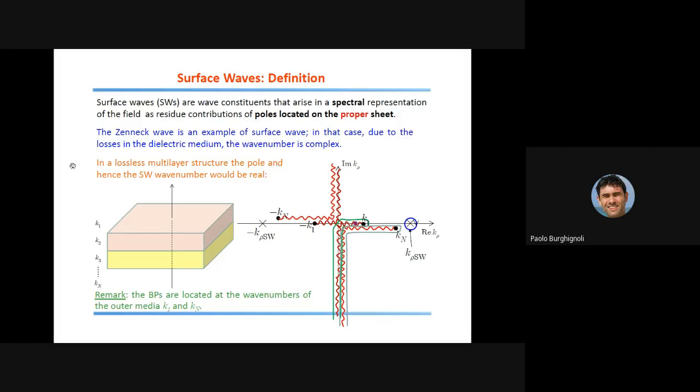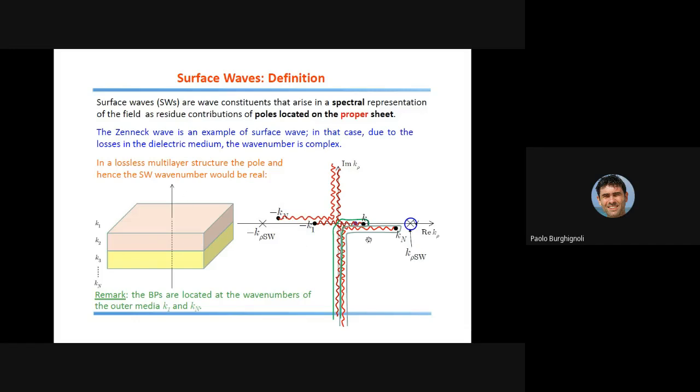Now, by definition, surface waves are those wave constituents that arise in a spectral representation of the field as residue contributions of poles located on the proper sheet. So the situation in the complex plane is the one that you can see reported here. There are two pairs of branch points, k1 and minus k1, associated with the wave number in the upper semi-infinite medium.